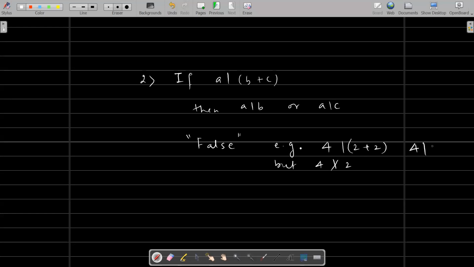So 4 divides, say, 3 plus 1, but 4 does not divide 3, nor does 4 divide 1. We should not spend much time on this because everyone has said false unanimously. Shall we go ahead? Yes, sir.